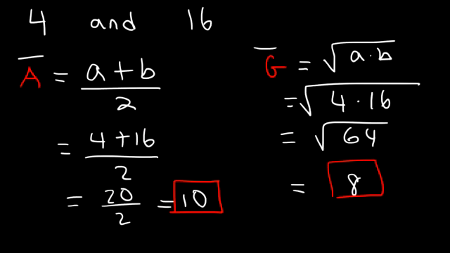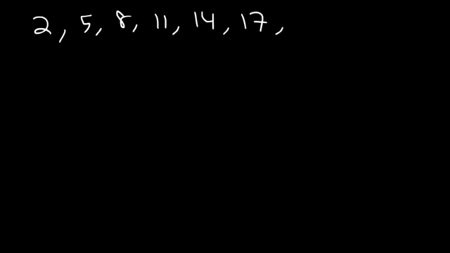Now what exactly is the arithmetic mean, and what is the geometric mean? What does it mean relative to an arithmetic sequence or a geometric sequence? Let's start with an arithmetic sequence. Let's say it's 2, 5, 8, 11, 14, 17, and 20.